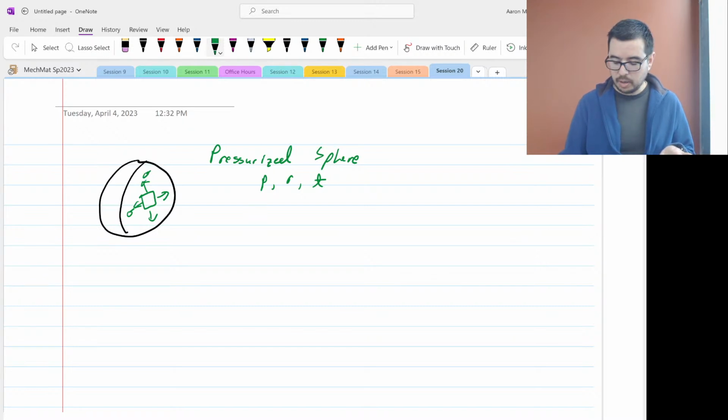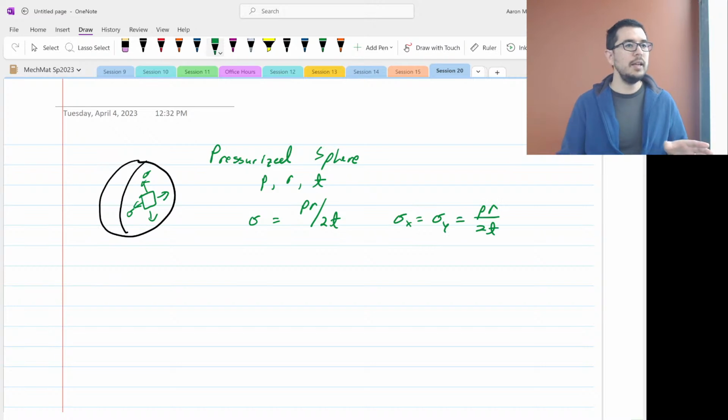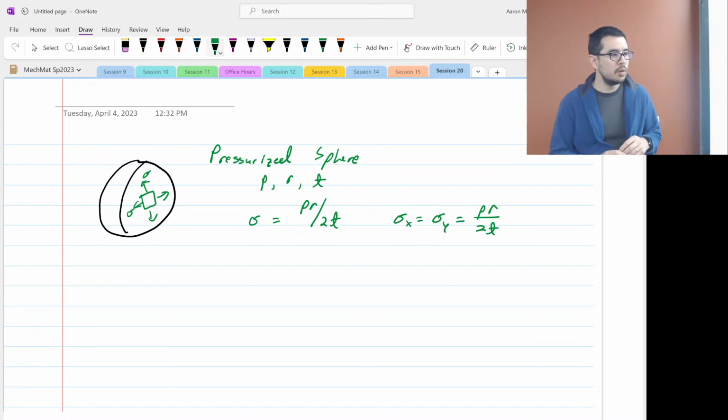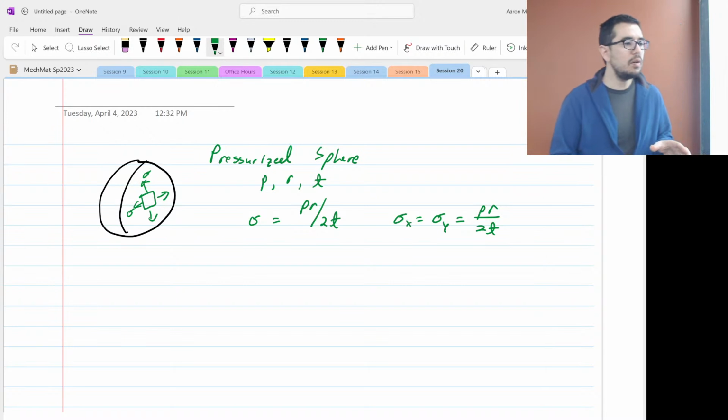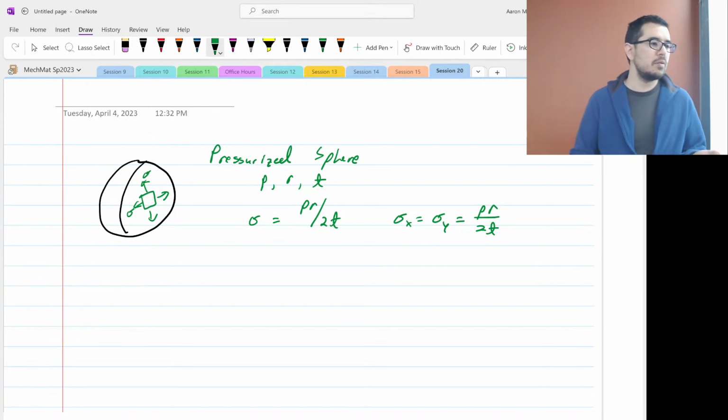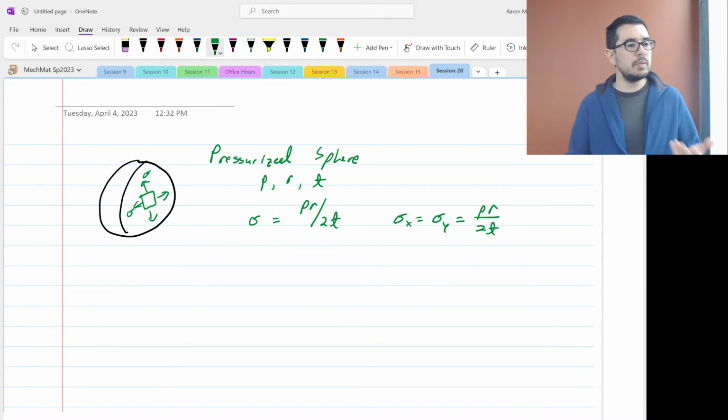So we have sigma equals PR over 2T. If I had a sigma x and a sigma y, whichever I picked, sigma x would be equal to sigma y, equal to PR over 2T. Agreed?